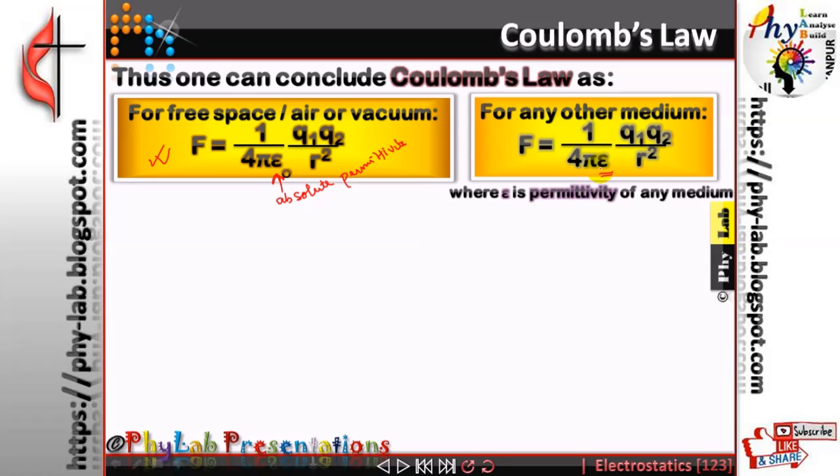As I just discussed, what does permittivity mean? It's the charge holding capacity in the simplest format, if you can put that into your mind.